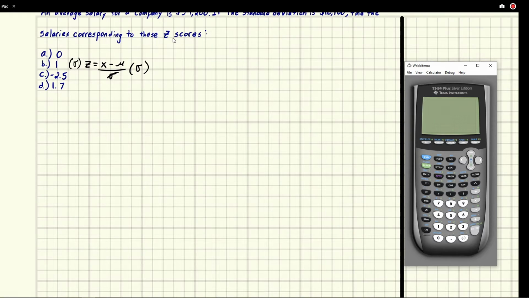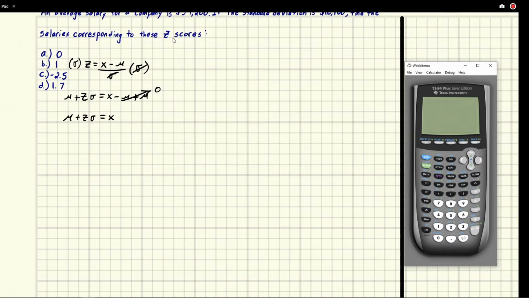This is going to simplify these sigmas, and we're going to be left with z sigma is equal to x minus the mean. And then I want x by itself, so I'm going to add a mean to both sides. And these means will go away. They'll go to 0 because negative mu plus mu is equal to 0. And we're left with the mean plus the z-score times the sigma, the standard deviation, is equal to x.